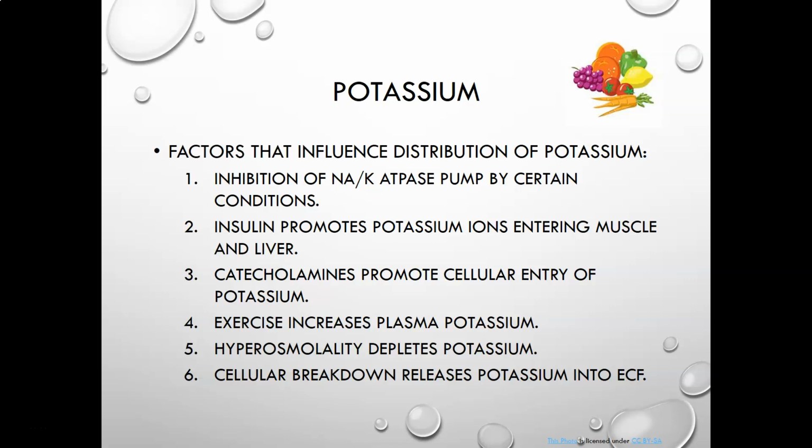Exercise will increase plasma potassium. Remember, potassium is not really supposed to be that much in plasma, right? So it moves from the cells into the plasma. Hyperosmolality will deplete potassium, and cellular breakdown releases potassium into the extracellular fluid, which can then be cleared by the kidneys too.